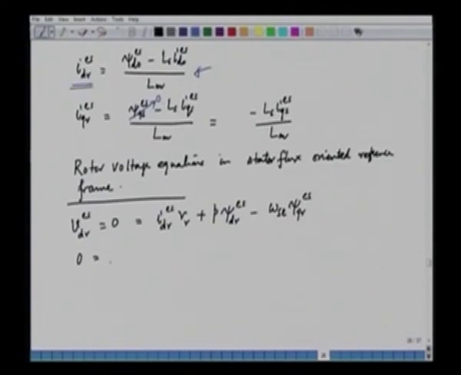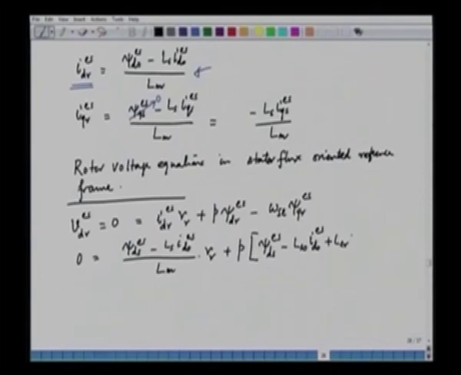So, we can have the expression for IDR and write this IDR here, that is ψds^s minus Ls Ids^s divided by Lm into Rr. And what is ψdr? ψdr we can express in terms of ψds, that is ψds^s minus Ls Ids^s plus Lr IDR^s.